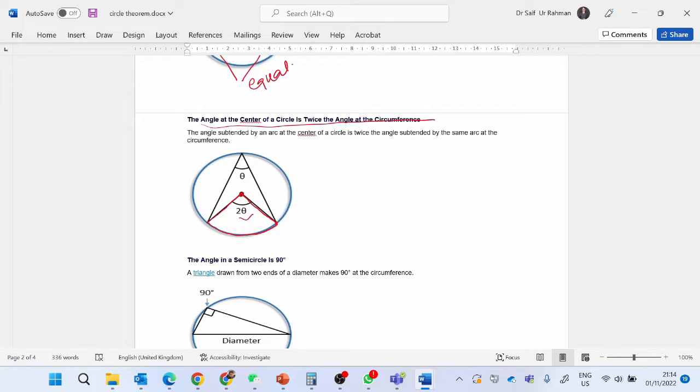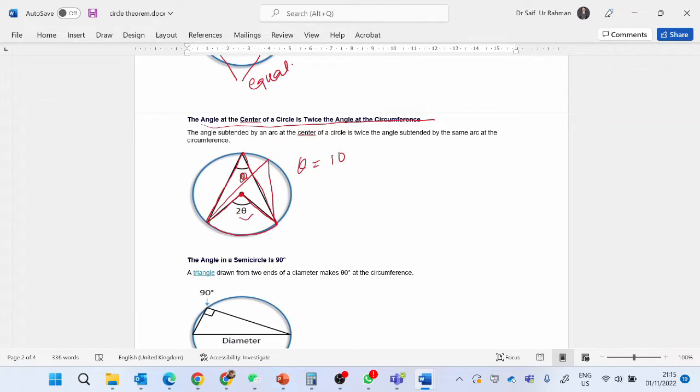If the same arc subtends another angle here, theta, this theta will always be half of the angle at the center. If this is 20, this theta will be 10. It is not necessary that this angle should be right in front of, across from, this 20. It can be anywhere.